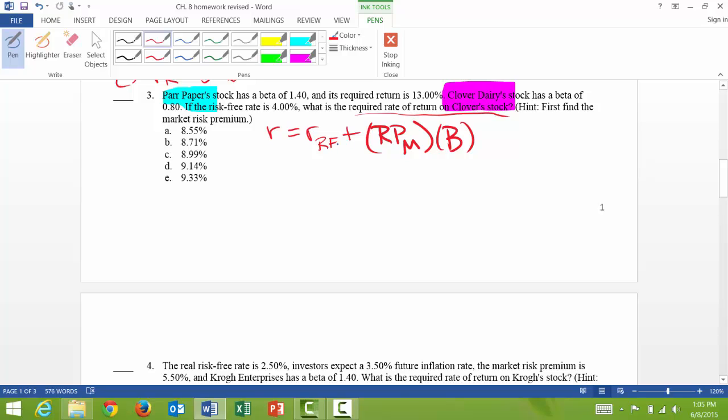So for Par Paper stock, we're going to have to use its information to find the required rate of return on Clover stock. If its required return is 13%, that's equal to the risk-free rate of 4% plus, we seem to not have the market risk premium, and then times its beta of 1.4.